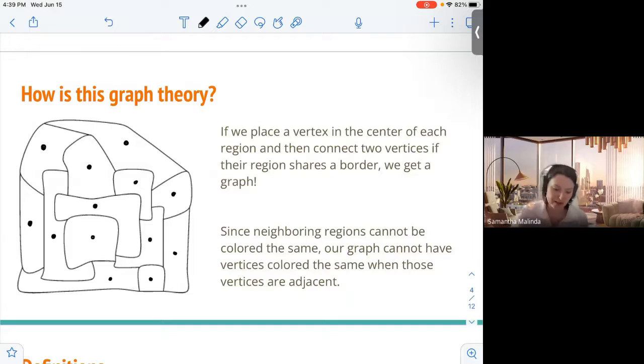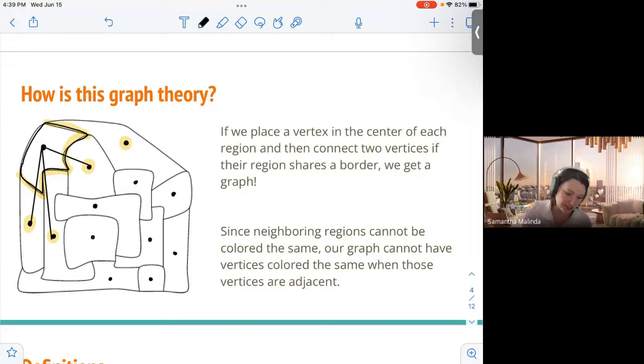So like I'm going to just do one. This region right here touches this region because of this part, touches this region, touches this region, and touches this region, meaning those need to connect because they cannot be the same color.